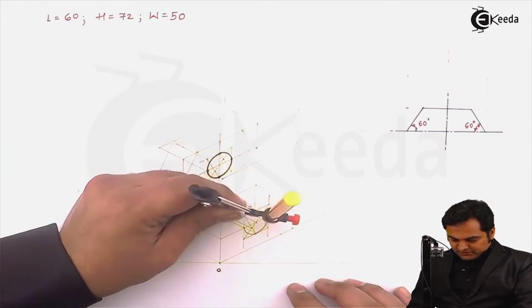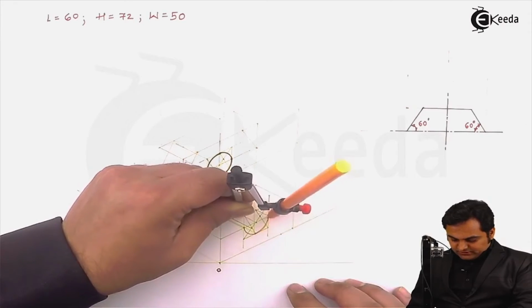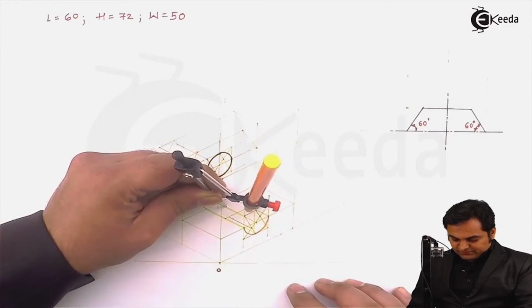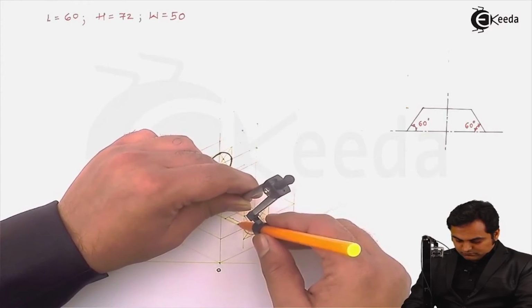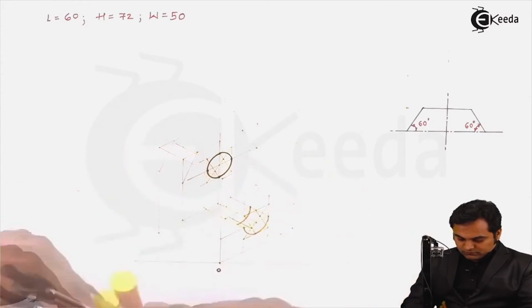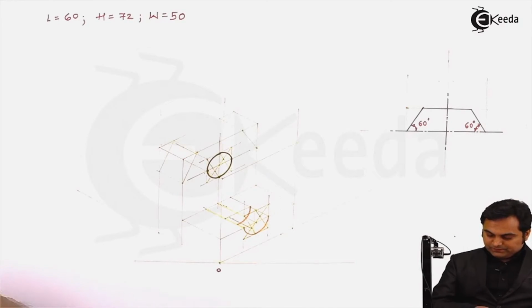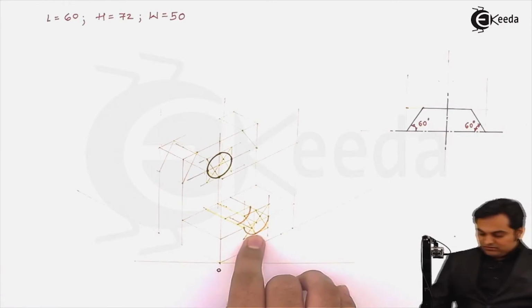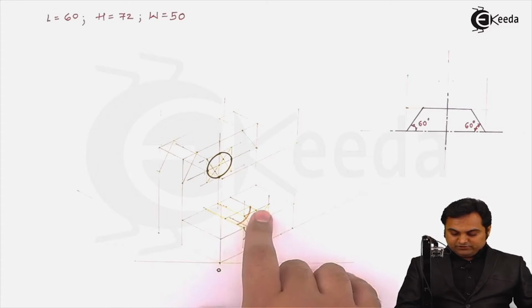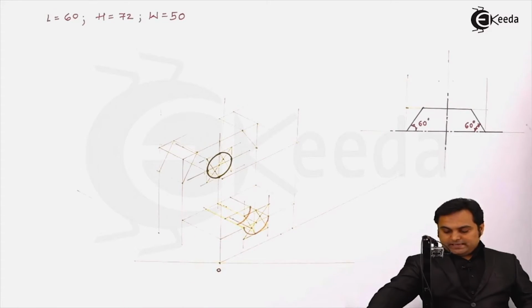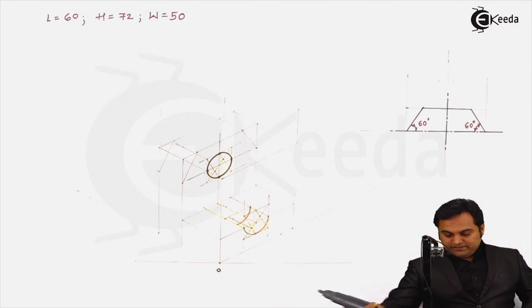As I was explaining, this is the radius and the center is shifted. Drawing a light arc. And now for the next arc, this distance is very small, so we cannot draw the arc further. I will stop it up till here, and then I'll make them dark.